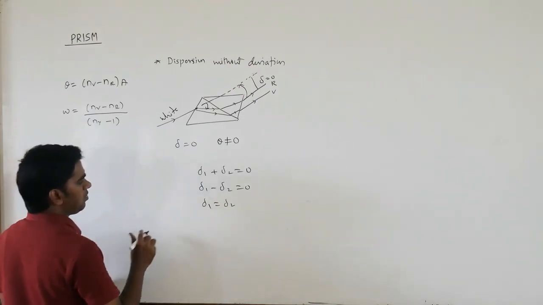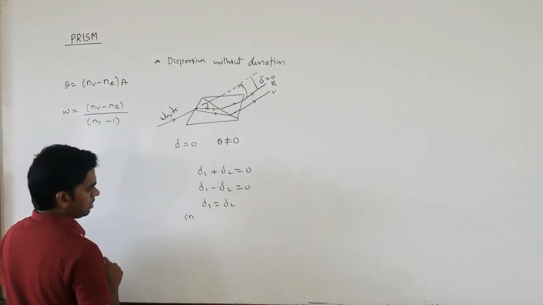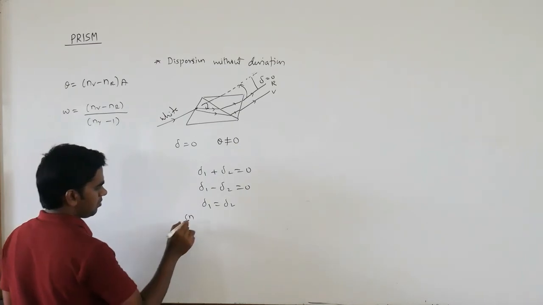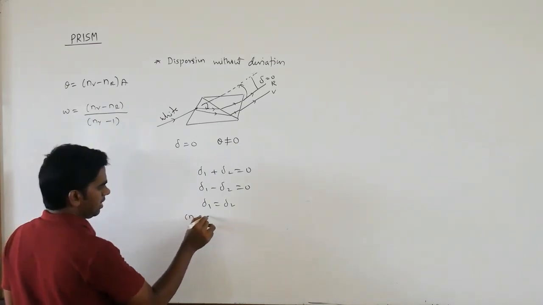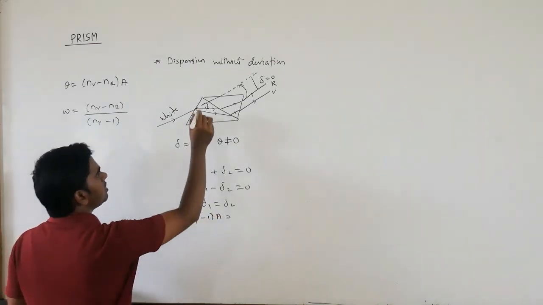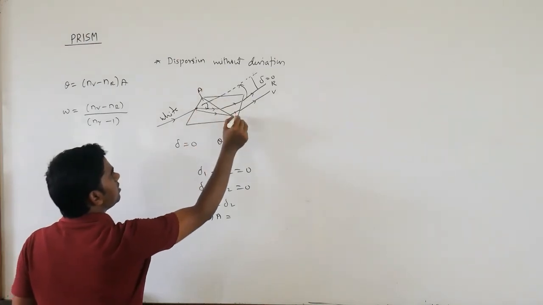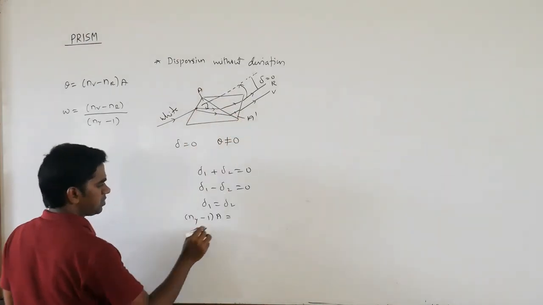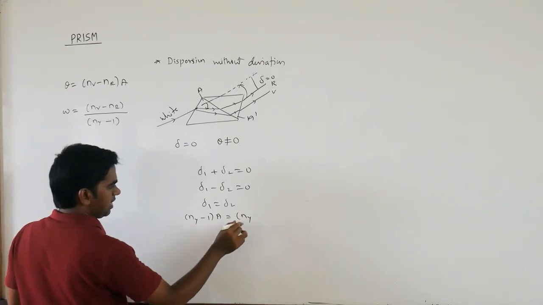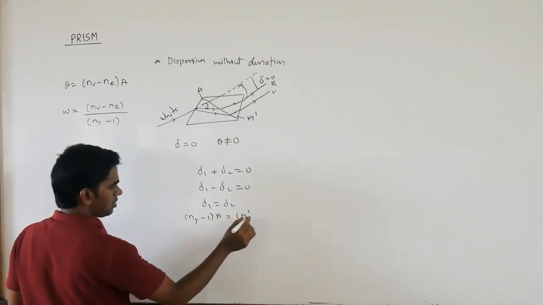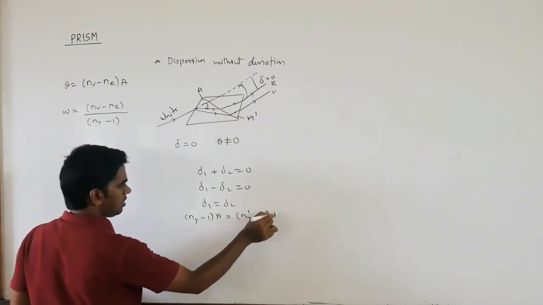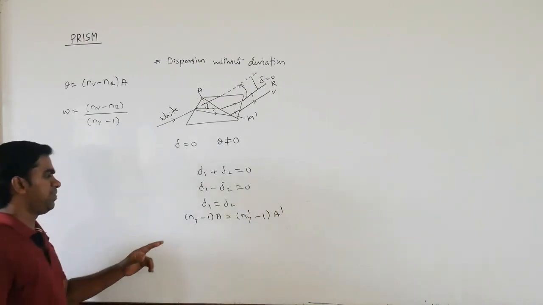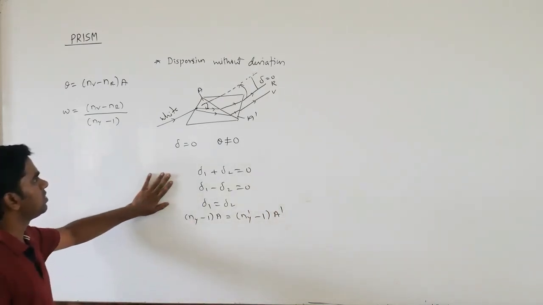What is delta 1? Delta 1 is refractive index for yellow, minus 1, into A, the angle of prism A. For the other prism, the refractive index for yellow, that is N dash, minus 1, into A dash, the angle of prism A dash. This is the condition for dispersion without deviation.